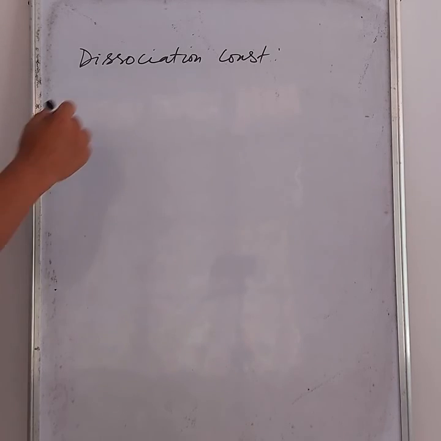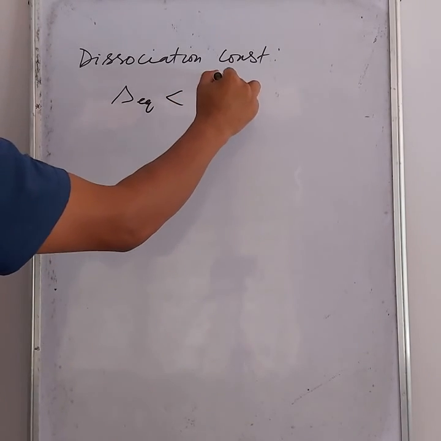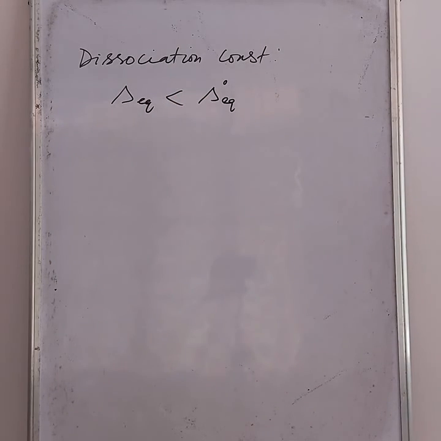That means the equivalent conductance at a given concentration will always be lower than that at infinite dilution.